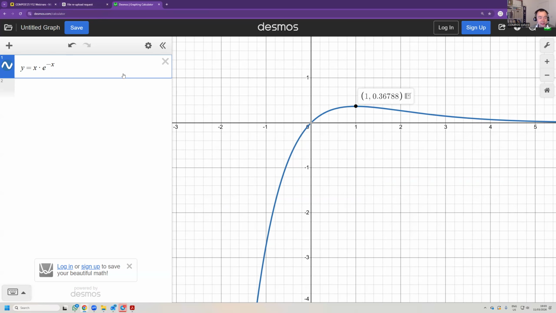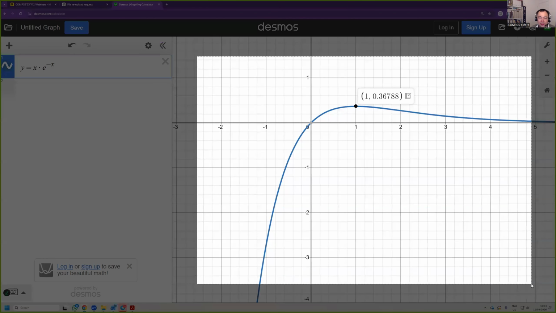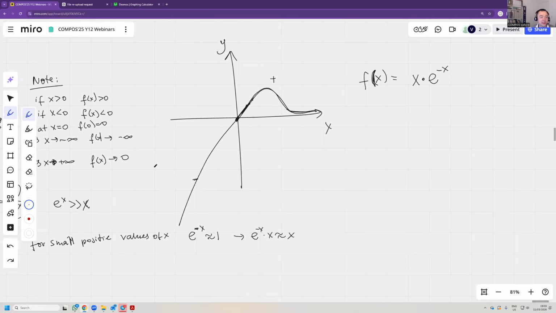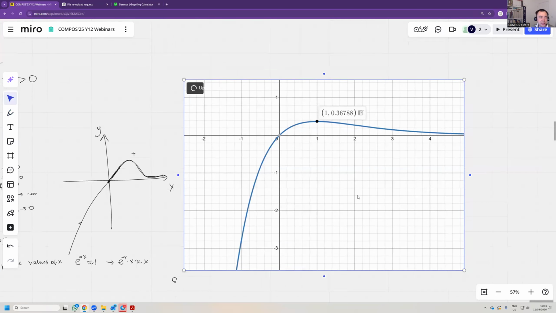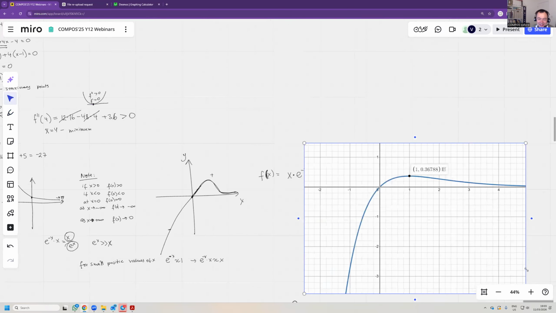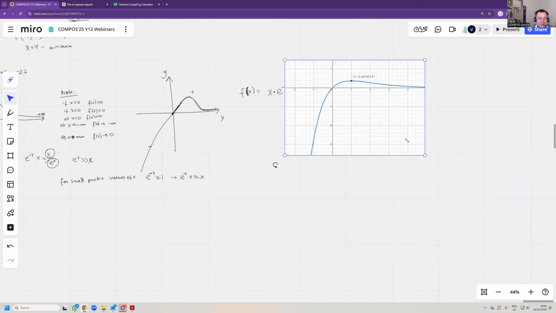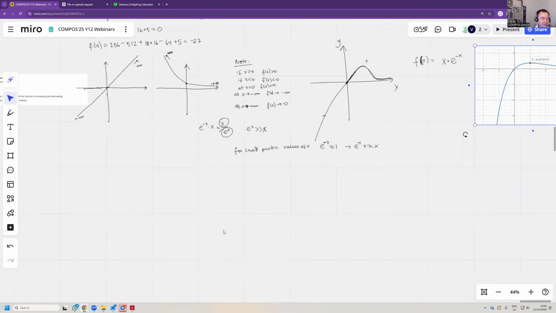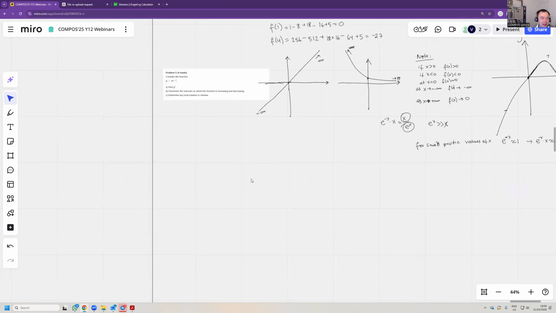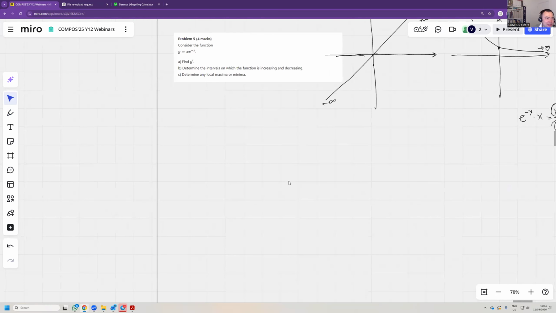And let's see if we can do the same thing, but analytically rather than doing educated guesses on the behavior. So let's find the first derivative.